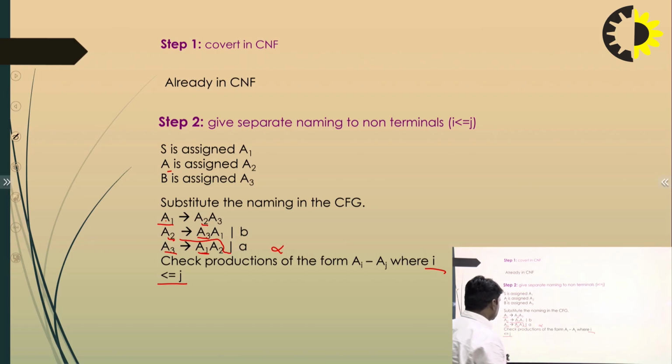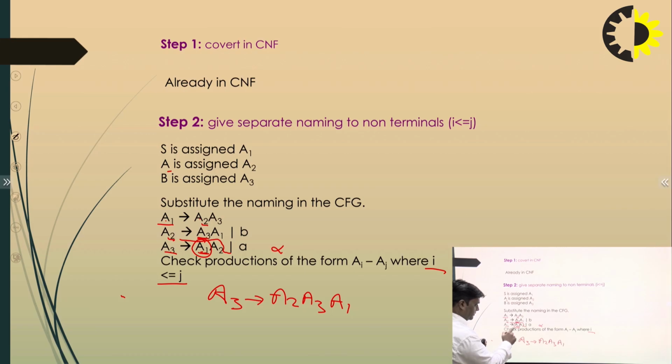Then we use the substitution method. We put the value of A1 from this equation. Then we get A3 implies A2 A3 A2, sorry, this one is A2.